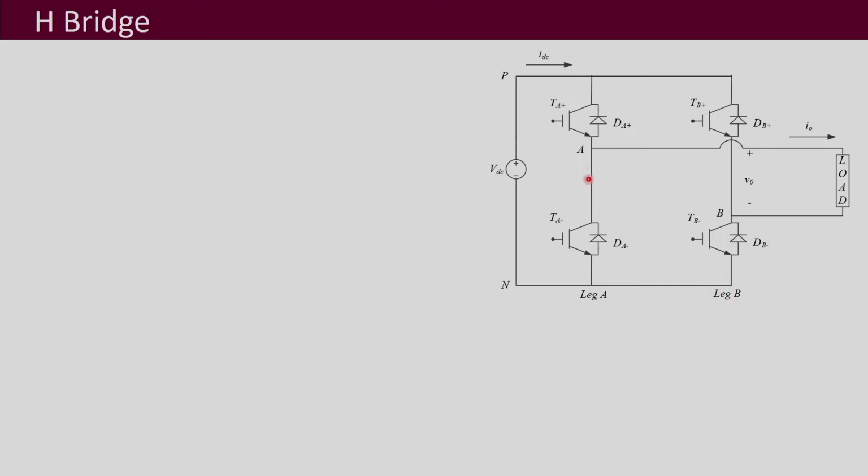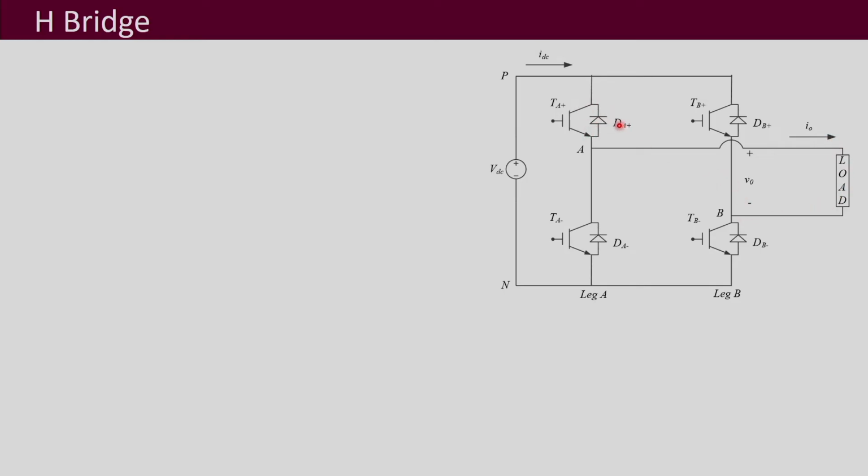And the midpoint of this is named by the symbol A, and the midpoint here is named by the symbol B. Then this is the DC bus denoted by P and N, and then the load is connected between these two nodes A and B. The voltage VAB is denoted by VO, and the load current is the IO current.